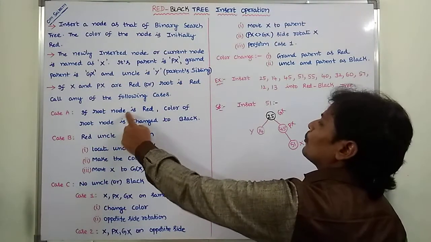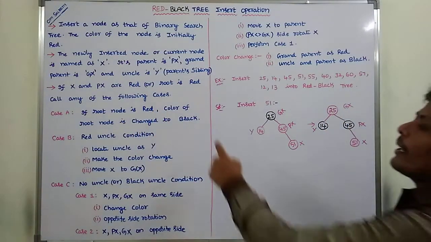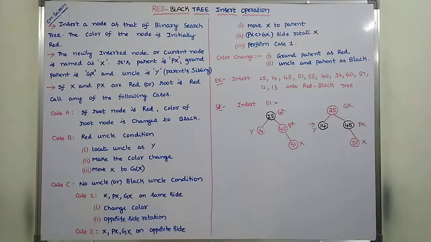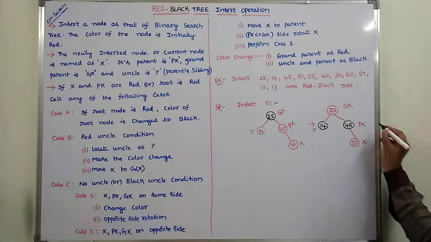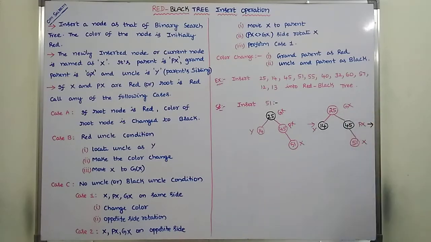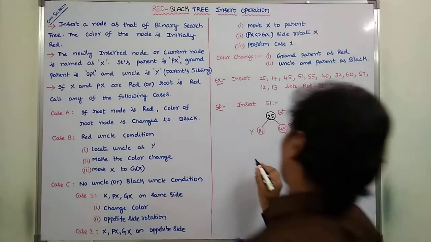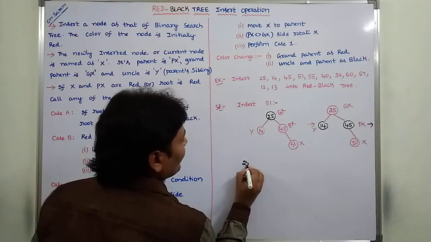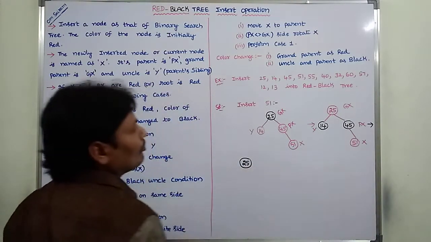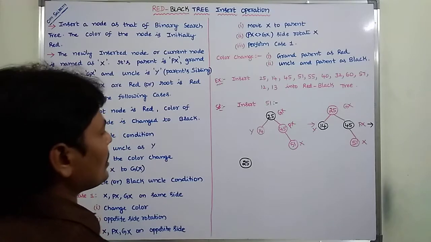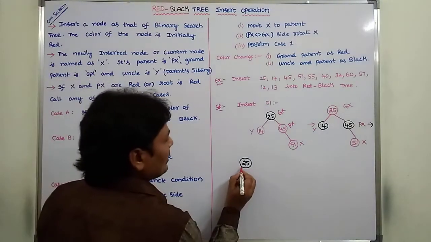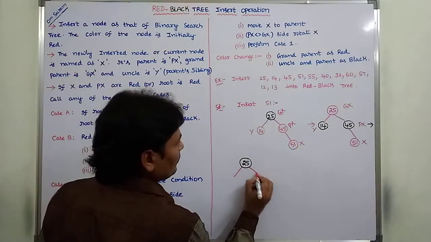Case A, if root node is red, color of root node is changed to black node. Now the color of root node is black node.